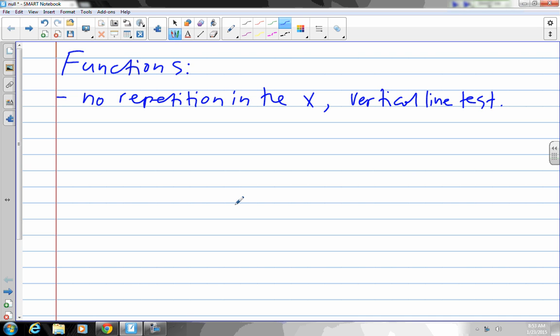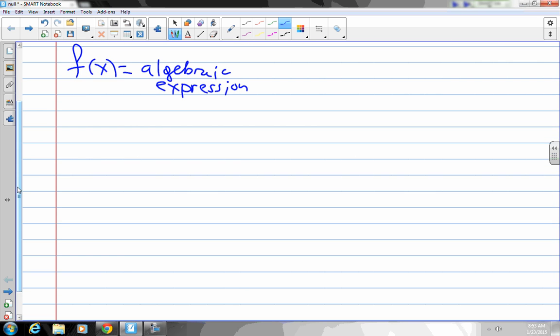Now, we know the function notation. f of x equals some algebraic expression. And we can, of course, evaluate functions using this function notation.